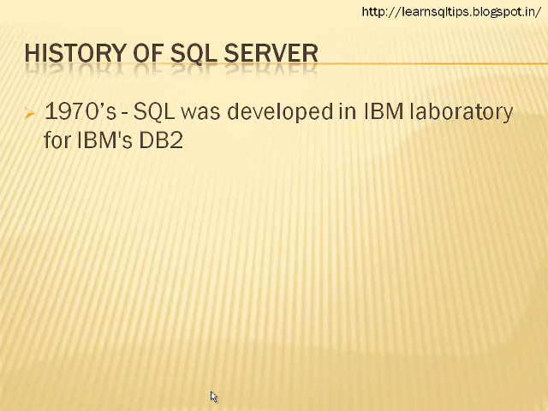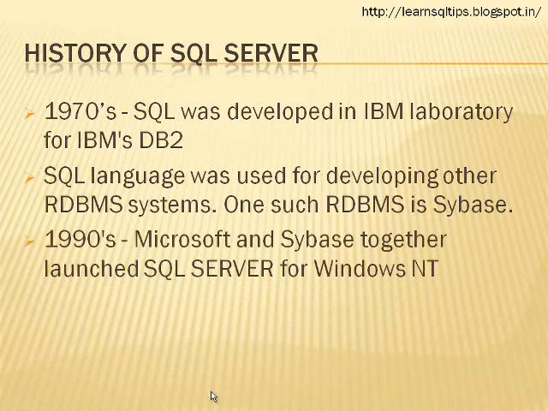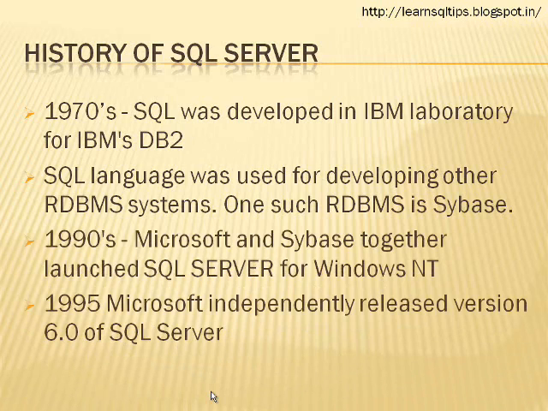For a few years, Sybase continued to develop the Unix version of SQL Server. Microsoft continued to develop the Windows version of SQL Server. In 1995, Microsoft independently released version 6.0 of SQL Server. From then, Microsoft released its own version of SQL Server with various updates. You can see the details in the history of SQL Server, which is shown in the slide.